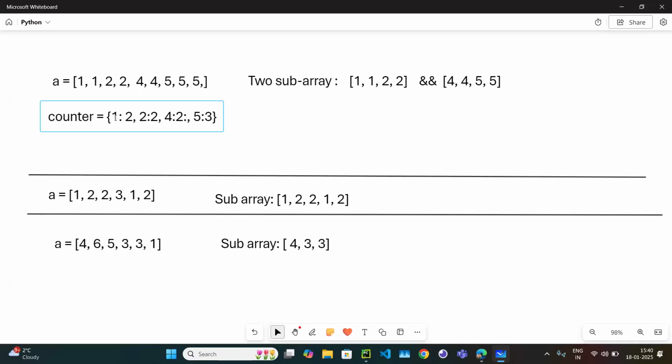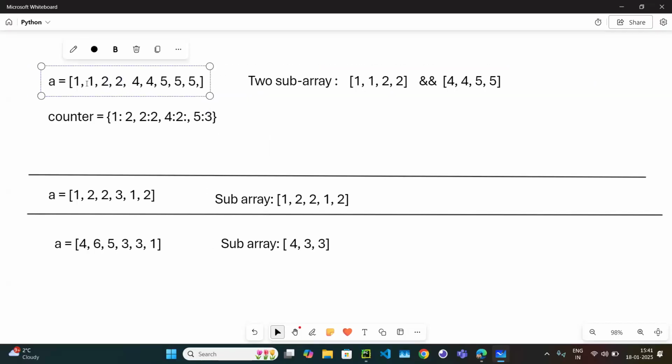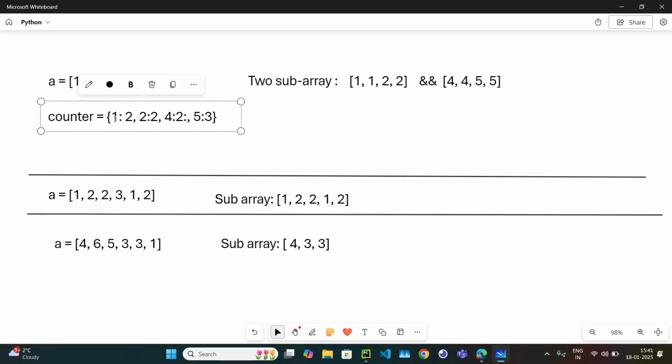Because if I create a dictionary, I know one comes two times, two comes two times, four comes two times, five comes three times. I can normally check, okay, I pick one. Do you have two in the dictionary or not?